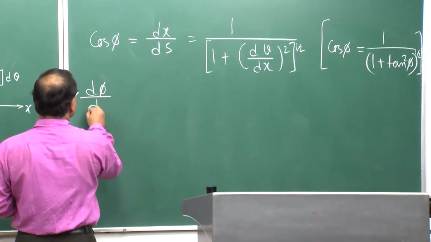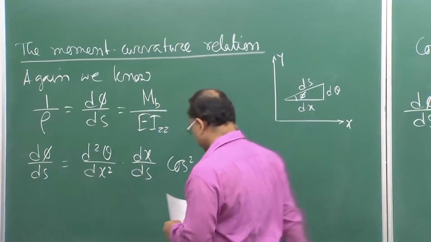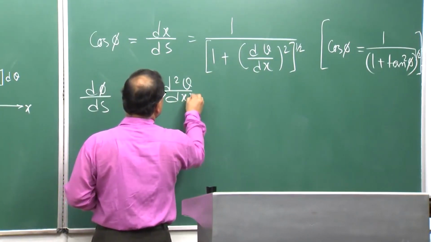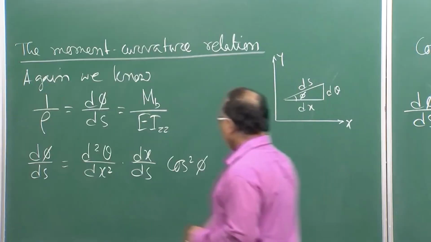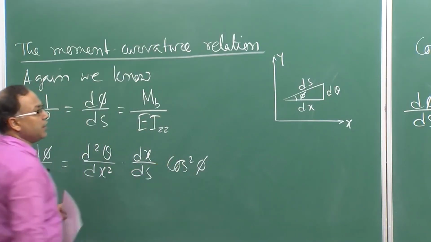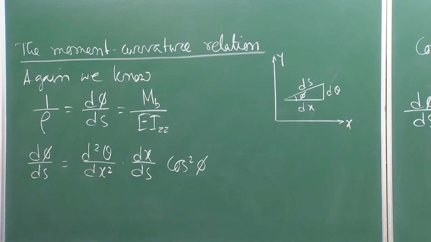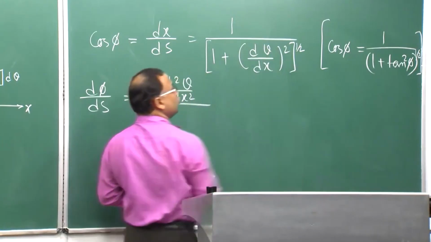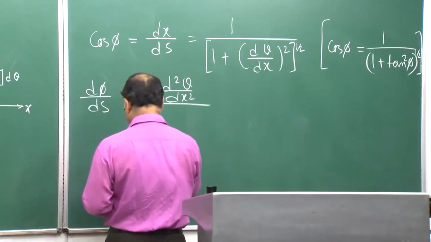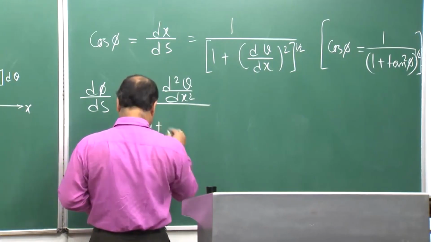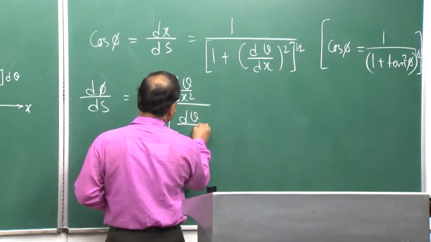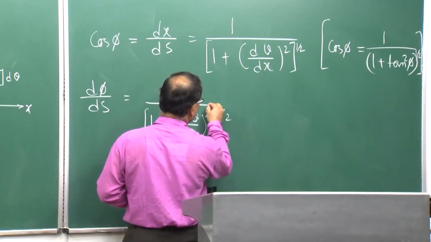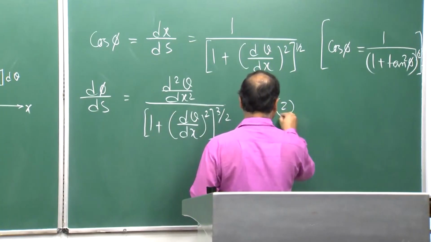Therefore, d phi ds is equal to d2v dx2 times dx ds cos square phi, which is nothing but cos cube phi, and cos cube phi is the cube of this. So, I can write 1 plus (dV dx) whole square to the power 3 by 2. This is equation 2.